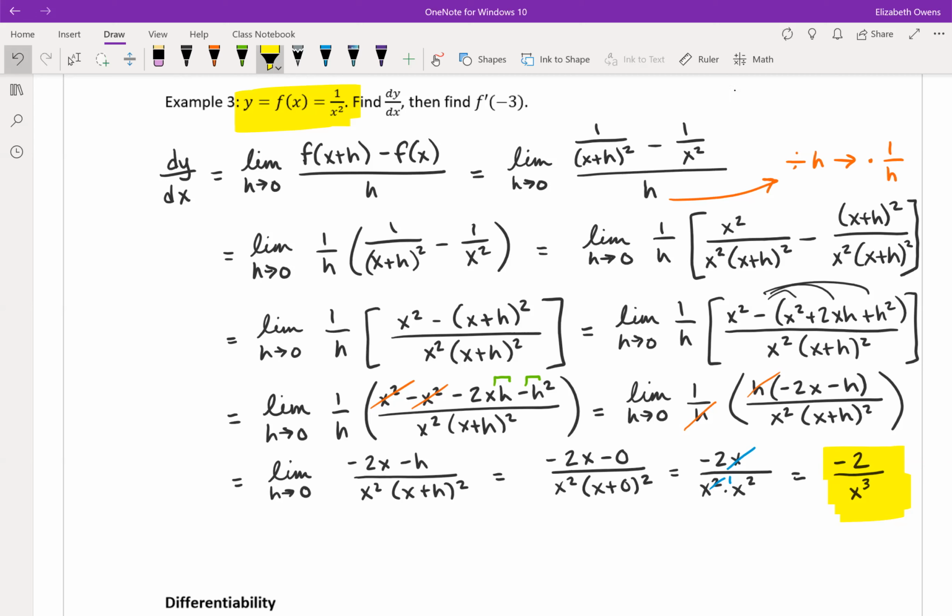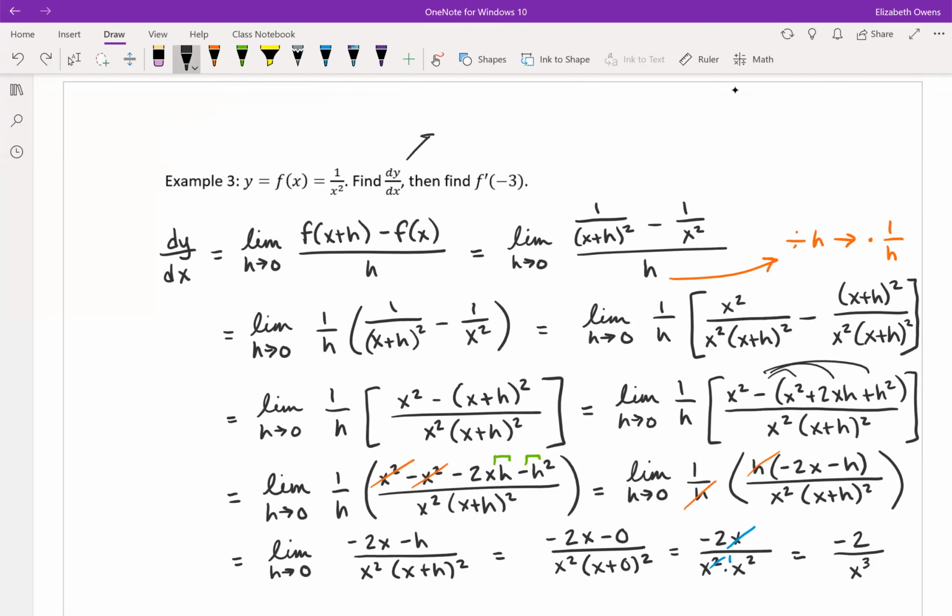All right. So that is dy dx in the Leibniz notation. Note that dy dx means the exact same thing as f prime of x. So that's going to help us do this second part of the problem really quickly, because when we're told to find f prime of negative 3, literally all that's saying is that negative 3 is going to be your x value for this next part.